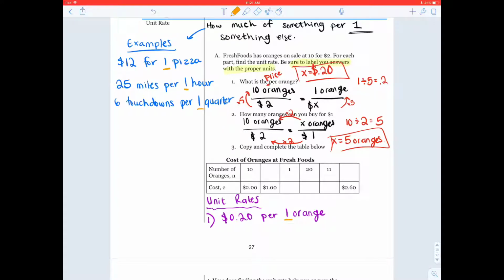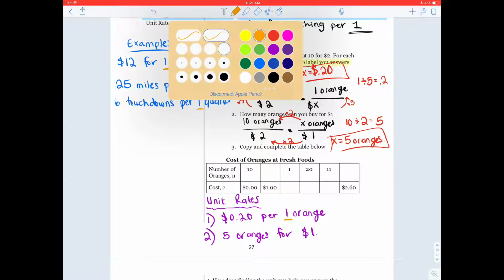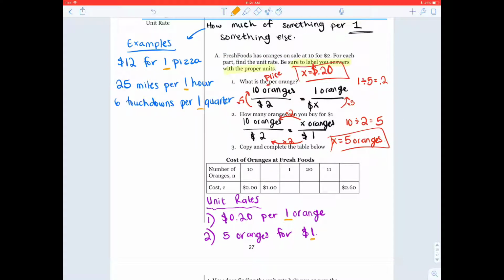Right, and there is my 1. I'm sure you guys can think of the second one. The second one is 5 oranges for $1. And there's my 1 again. So again, unit rates all revolve around the number 1. That is super important.